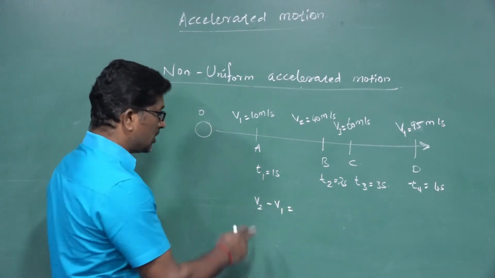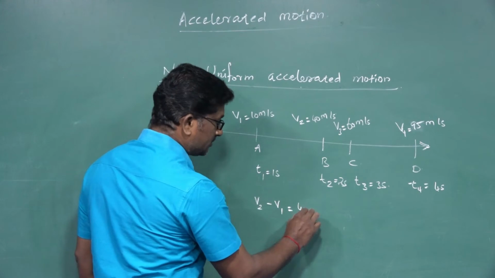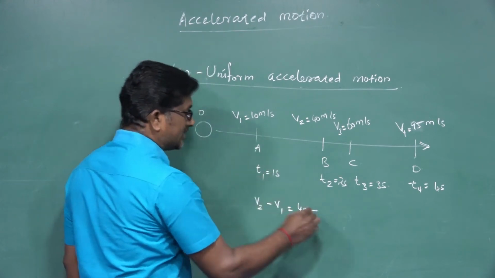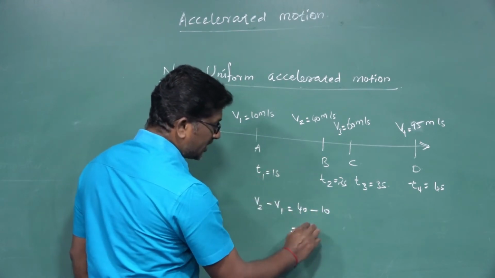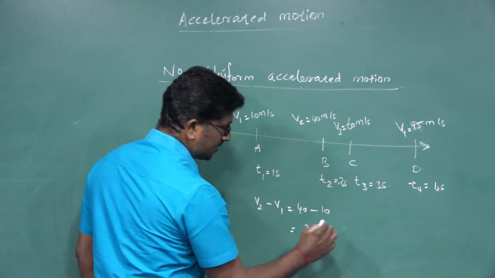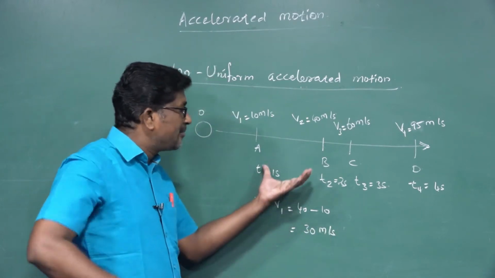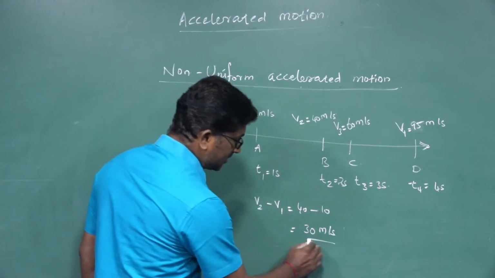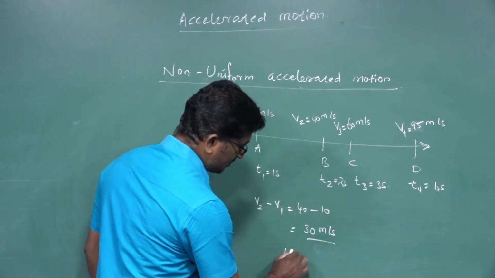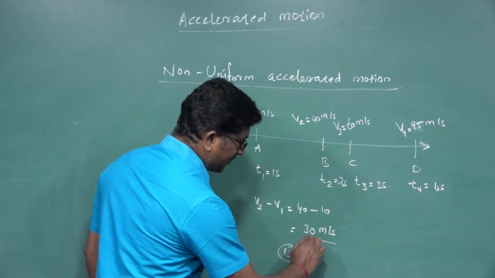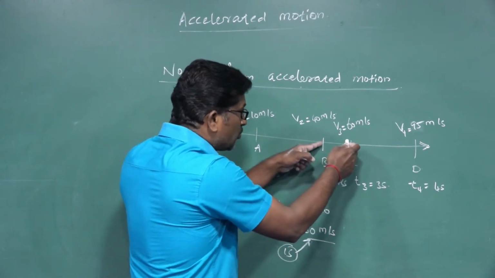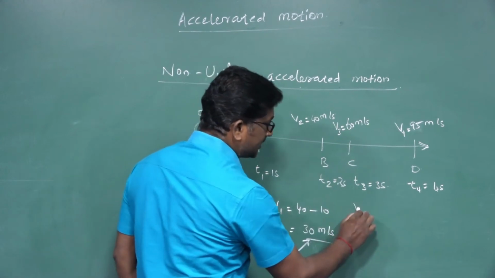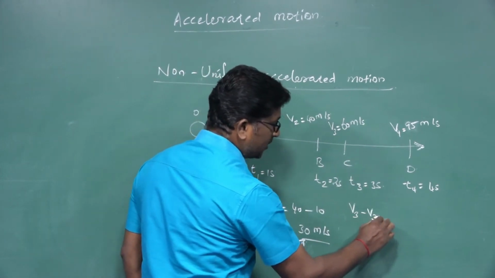V2 value is 40 and V1 value is 10. So the change in velocity is 30 meter per second. The time interval is 1 second, which means unit time.